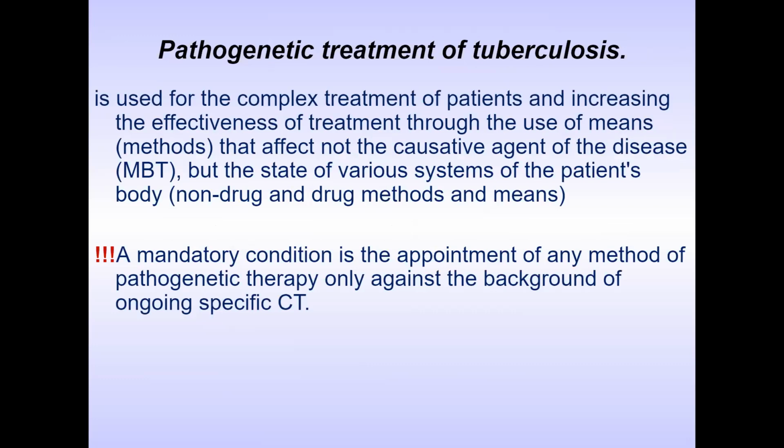Pathogenetic treatment in tuberculosis is used for the complex treatment of patients and for increasing the effectiveness of treatment through the use of means or methods that affect not the causative agent of the disease, but the state of various systems of the patient's body.